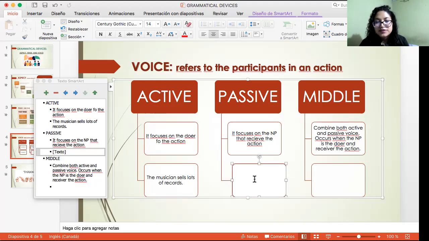Then the passive voice focuses on the noun phrase that received the action.